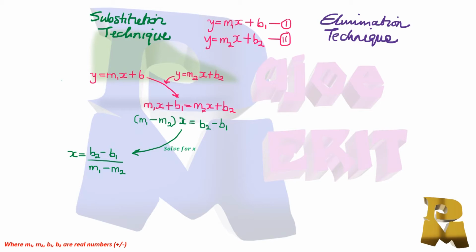And once x is determined, what you have to do is put x either in equation 1 or equation 2. But in this case, we're going to put it in equation 1, and by so doing, you'll be able to find the y, which is the outcome of that particular intersect. So that particular point of intersect is actually giving us the y value, which is represented as m1 multiplied by everything inside the bracket plus b1.